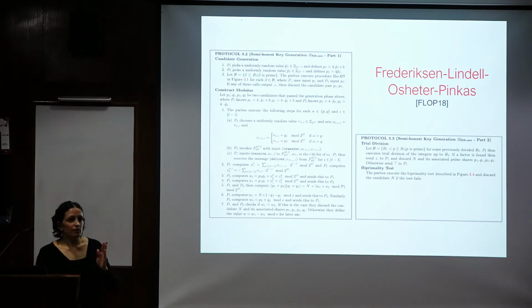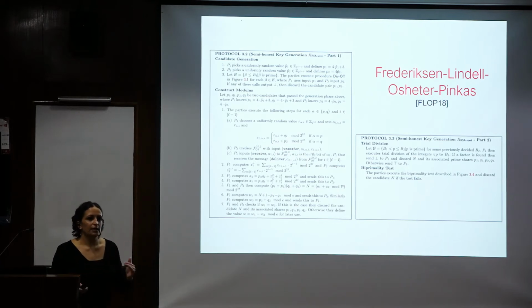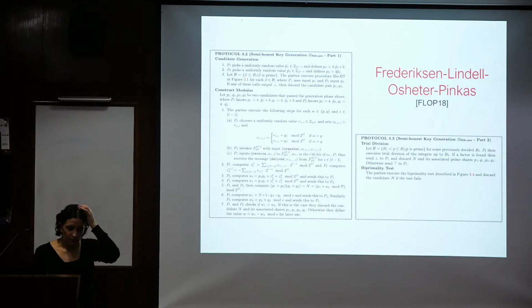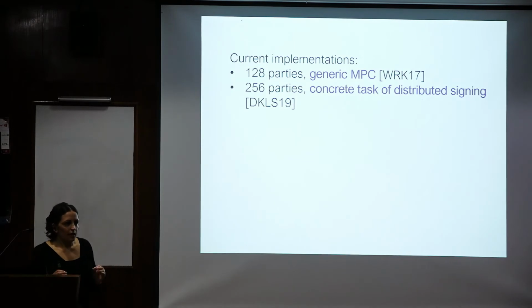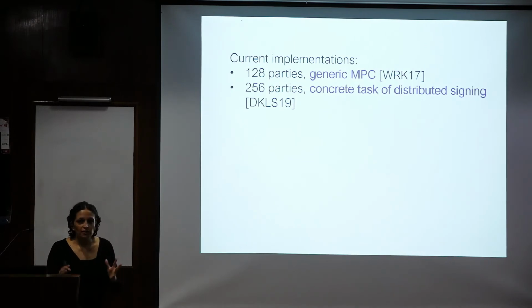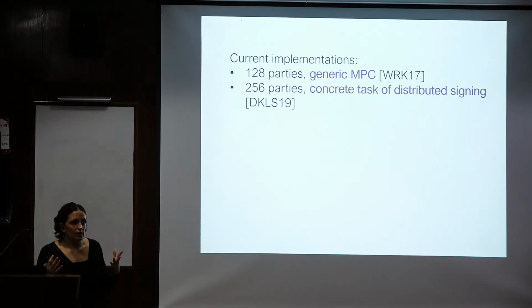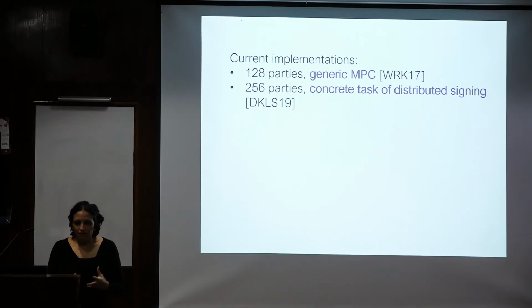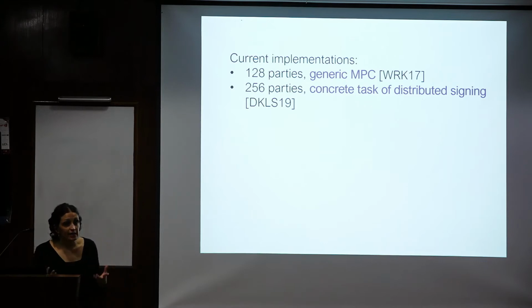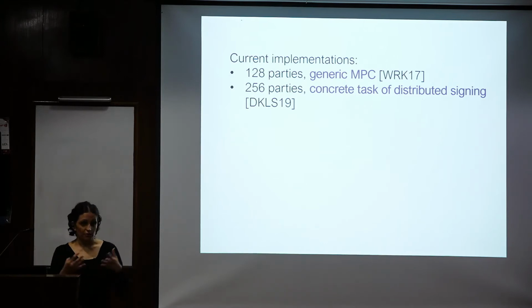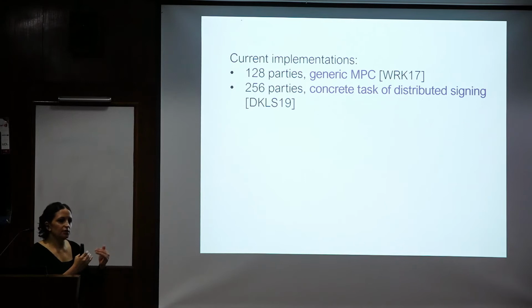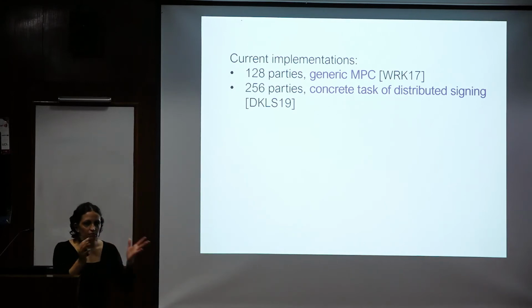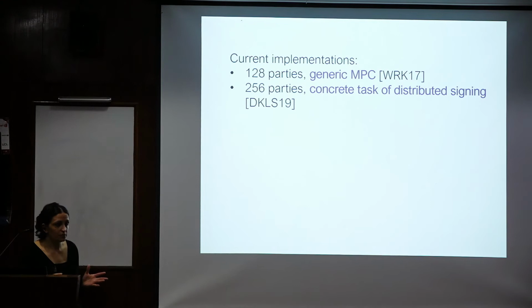But before I say more technical stuff, summarizing the discussion and the state-of-the-art works at this point: if you want to use techniques that exist in the literature so far, generic protocols had implementations reaching up to the order of 100 parties.